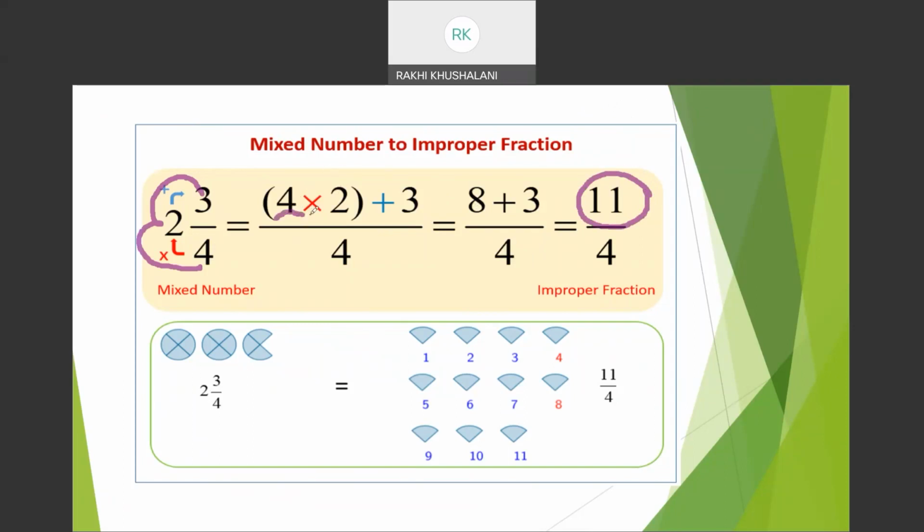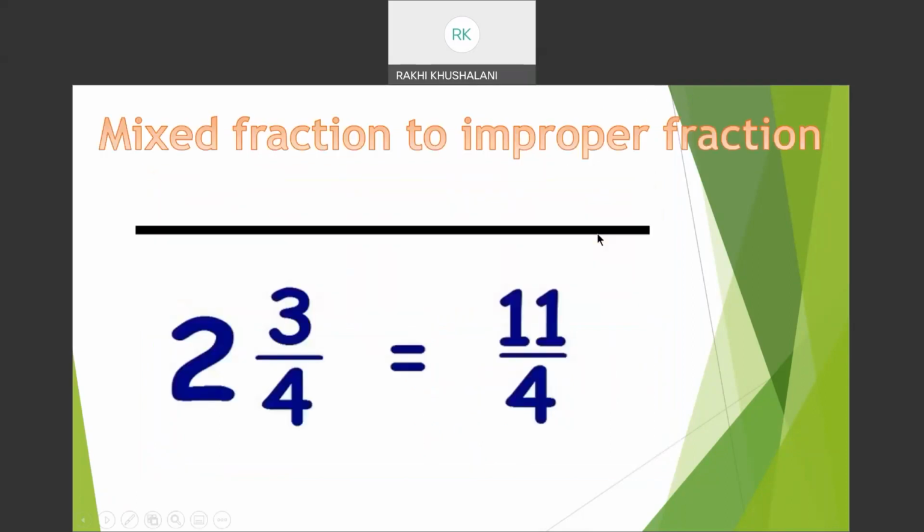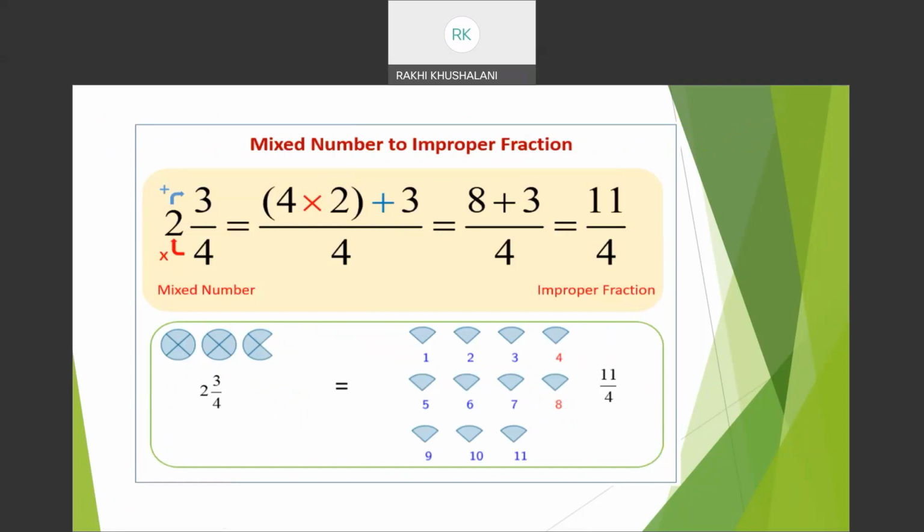Here I got 8. Plus, after multiplication, you're going to do the plus. Plus 3 gives me 11. So I get 11 by 4. That is what my last slide was saying. Correct? A mixed numeral, that is 2 3/4, is equal to 11 by 4.